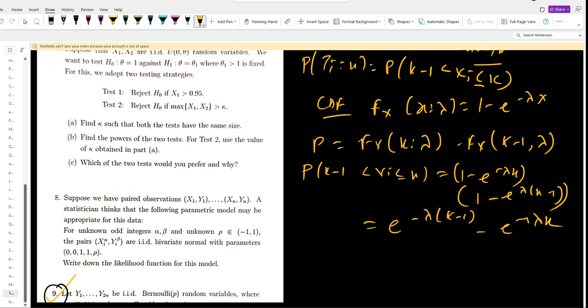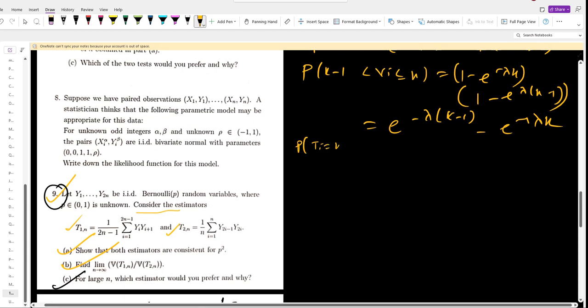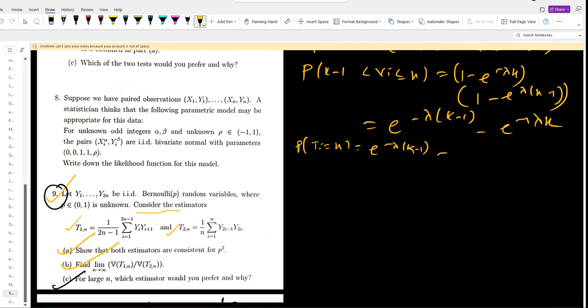Now once you reach this situation, it is easier for us to proceed to the next level. So P(Ti = k) is e^(-lambda (k minus 1)) into (1 minus e^(-lambda)).